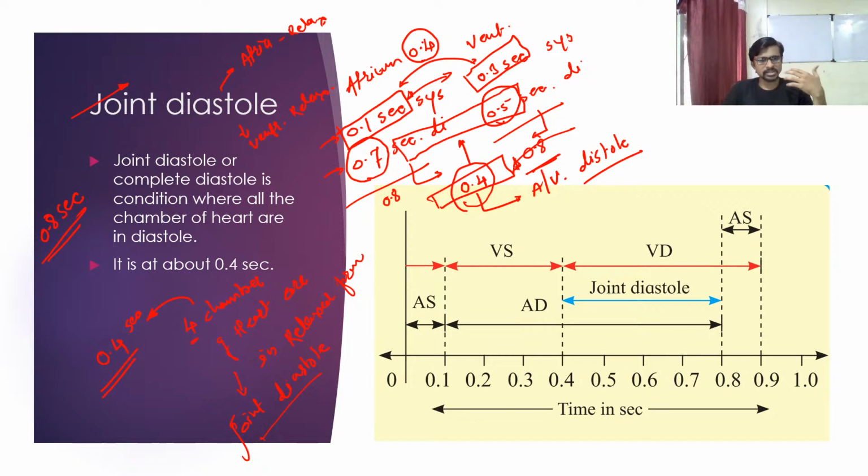If you pour water into another pot, it makes a noise, it makes a sound. Like that, our heart is also making a sound, like a lub and dub, and it is because of the opening and closing of valves and the moving of blood.